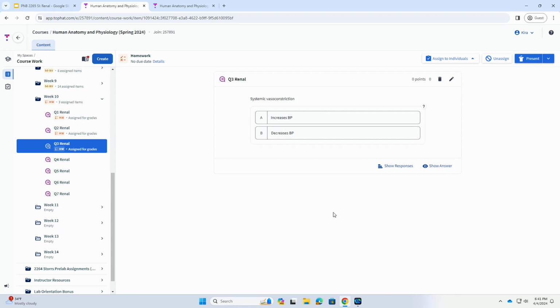Systemic vasoconstriction increases or decreases blood pressure? So this one is increases blood pressure. What I think of in my head is all of the arteries kind of like this.